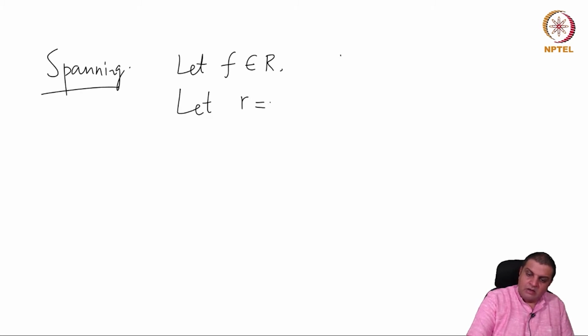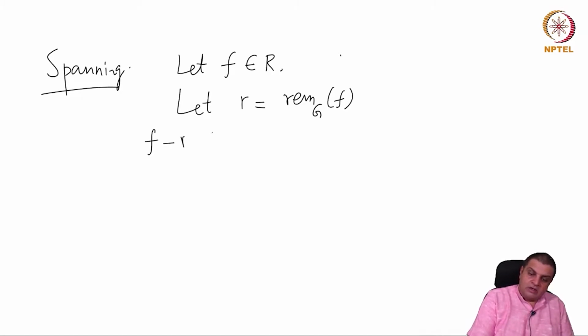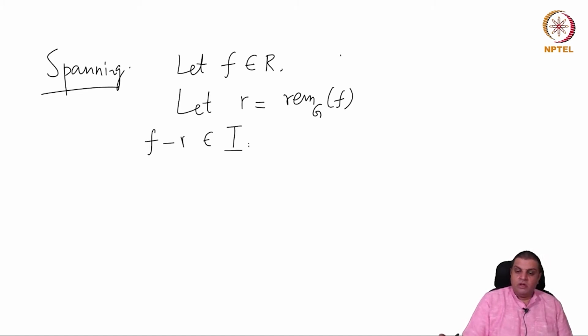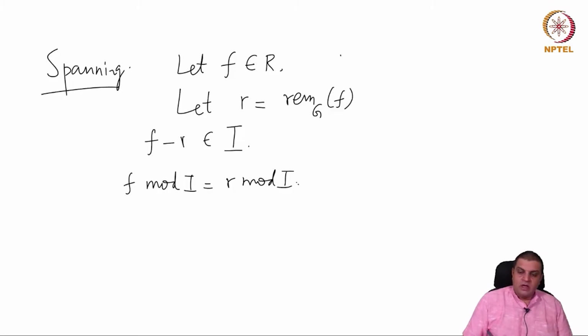Let r be the remainder of F under division by G. Notice that F minus r is a linear combination of the g's, so it is inside I. In other words, F mod I is the same thing as r mod I. But what's the property of r?